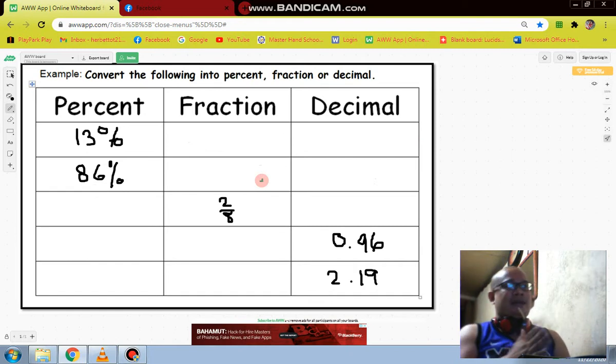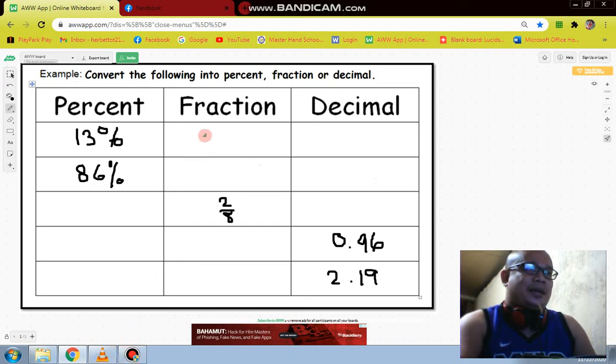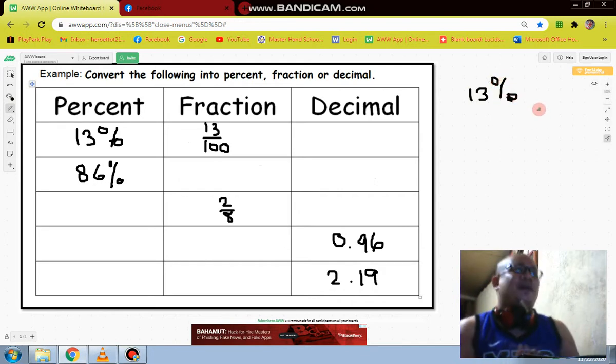I have here an example. Convert the following into percent, fraction, or decimal. The first example is 13%. Based on the definition of percent, in fraction it always has a denominator of 100, so it's 13 over 100. In converting into decimal, when we convert from percent to decimal, we look for the decimal point.